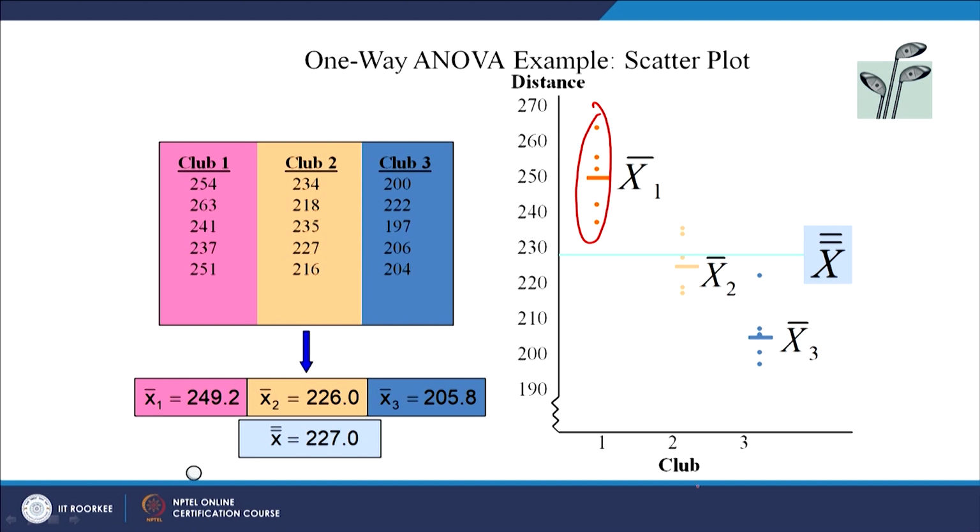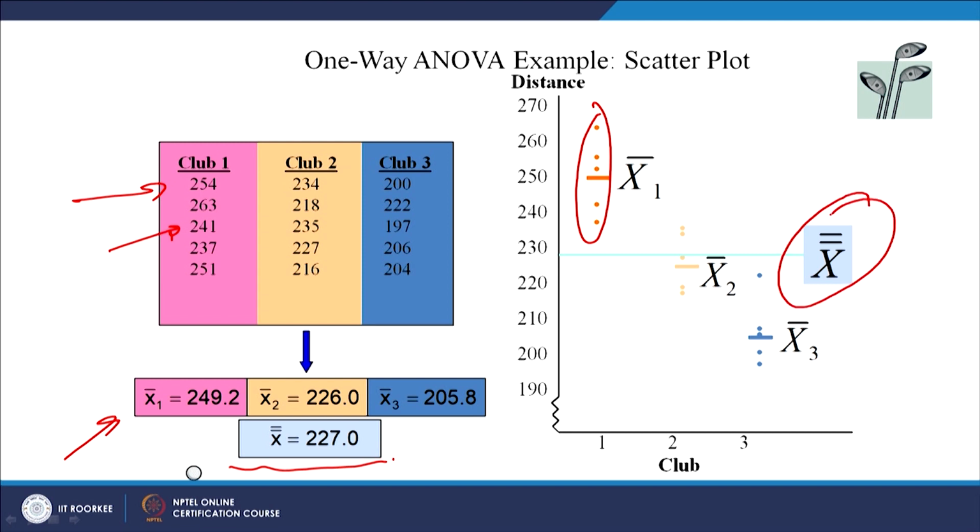For the first group you got 254 and the lowest is, let us say, 250, 241, right. These are your data points for the first group, then for the second and for the third. First of all, calculate the mean of each of these groups and then the grand mean, which is 227.